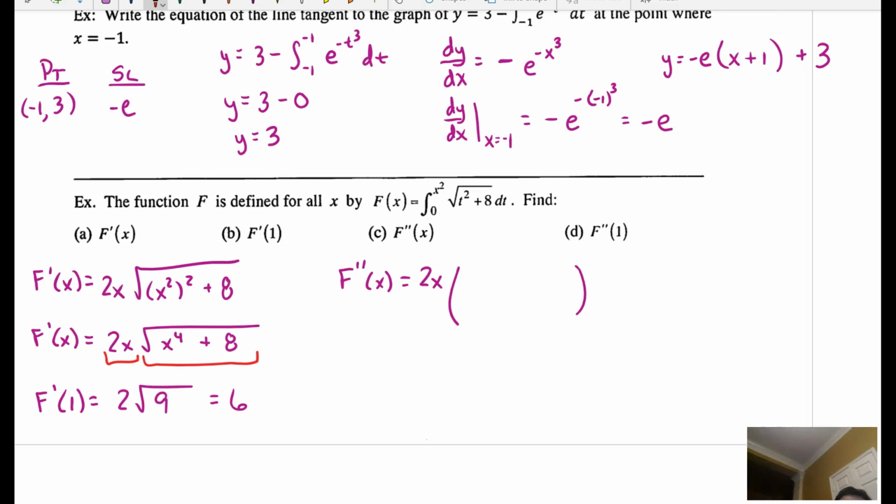The derivative of the square root is 1 over 2 square roots, leaving the inside alone, times the derivative of the inside, which is 4x cubed. And then we need to do the second, square root of x to the fourth plus 8, times the derivative of the first, which is 2.